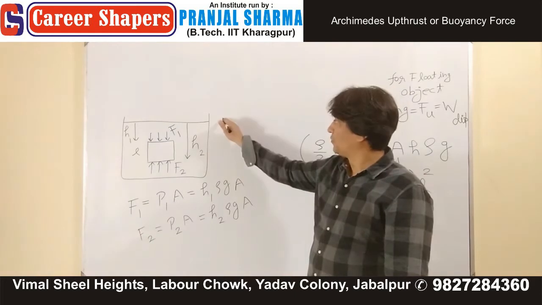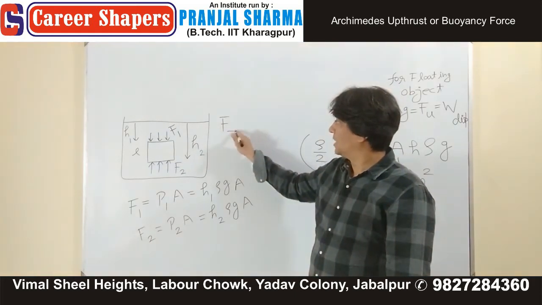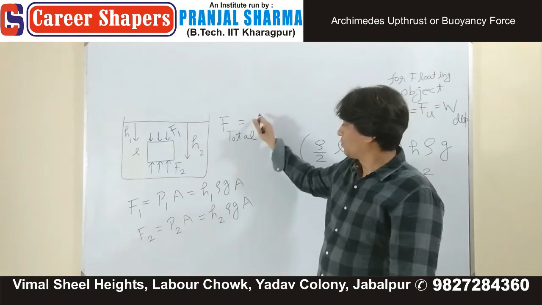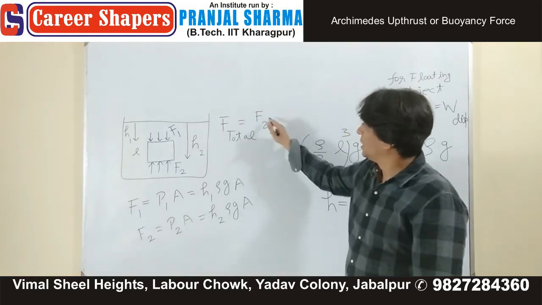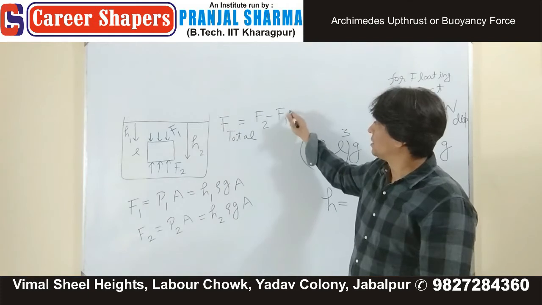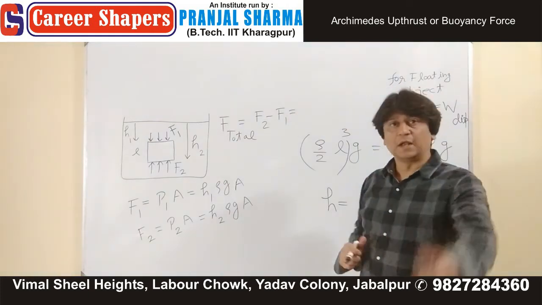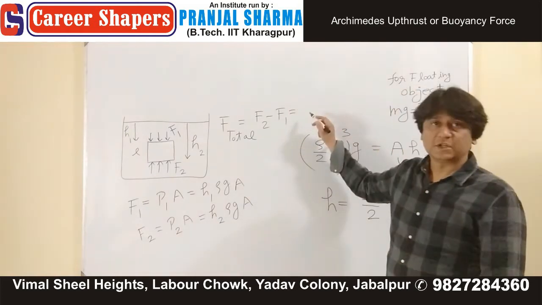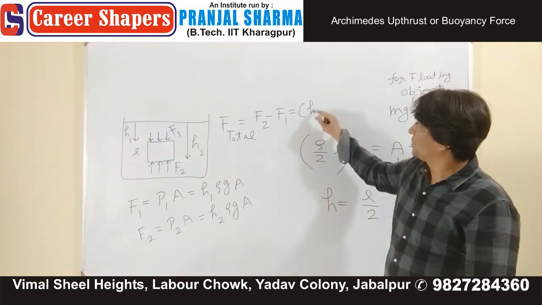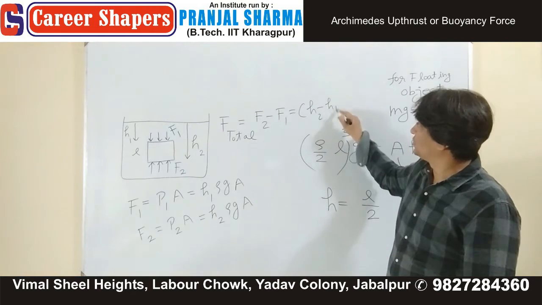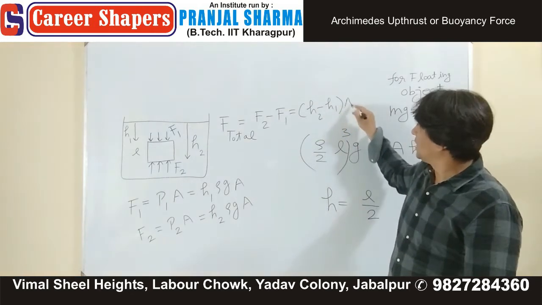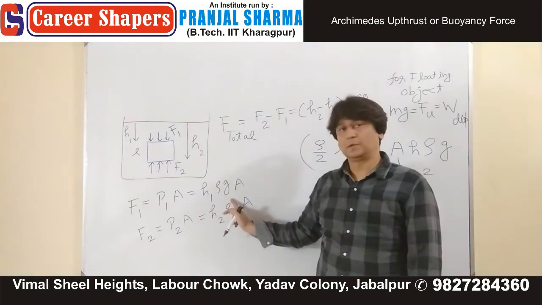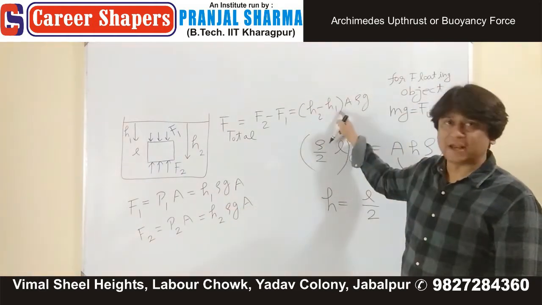So what is the net force? F total is F2 minus F1. Which one is the larger force? F2. What is this coming to? H2 minus H1 into A into rho g. What is H2 minus H1?